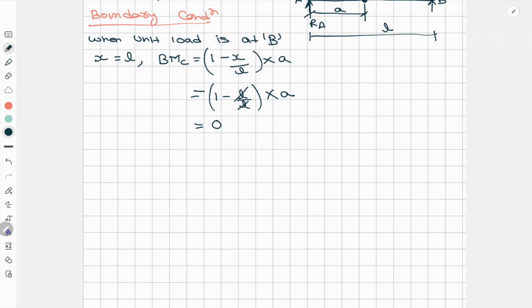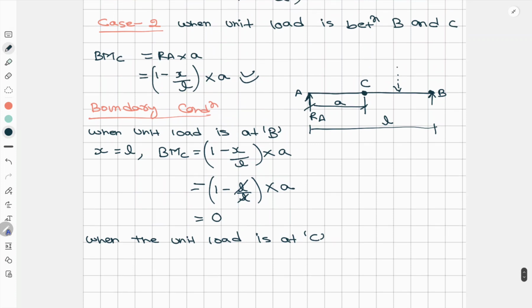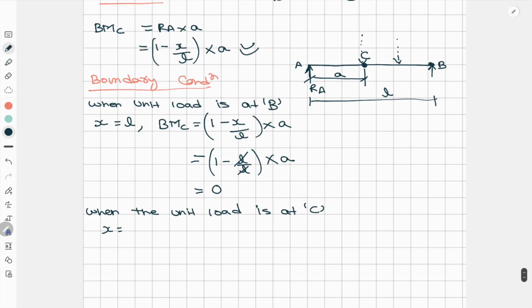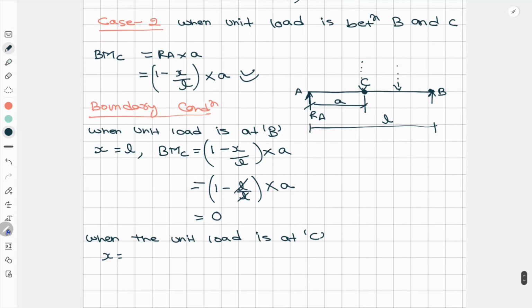Now again the boundary condition when the unit load is at C. Now we will consider that the unit load is acting here at C. Then the value of X will be, up to here is A, right?